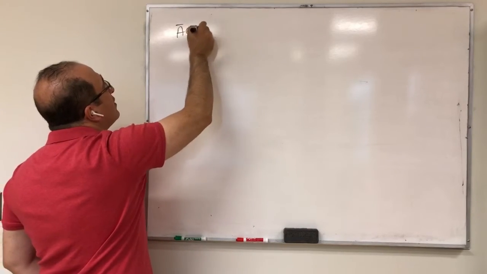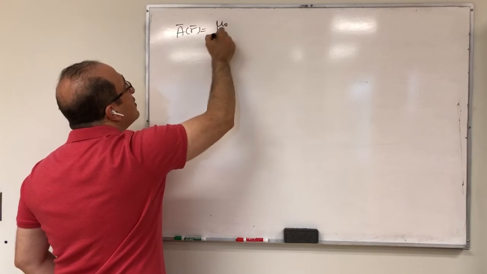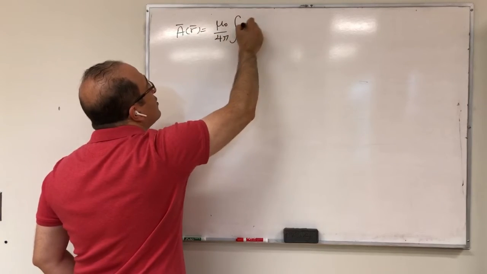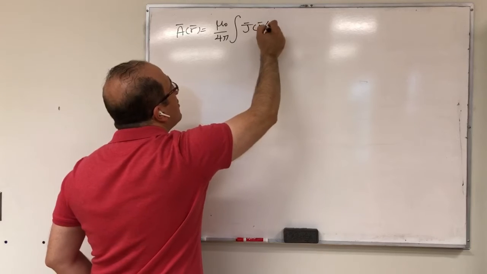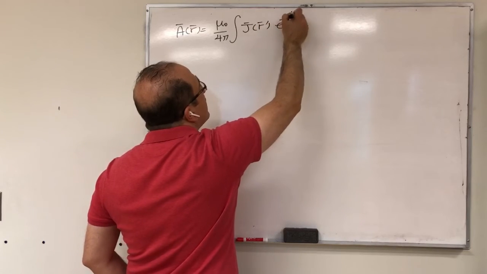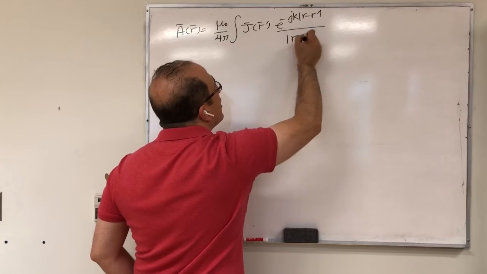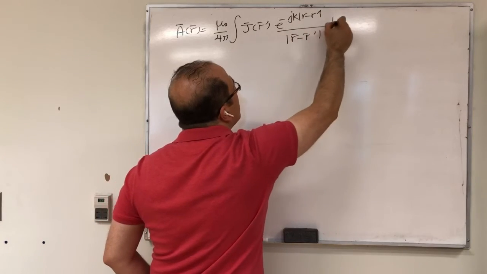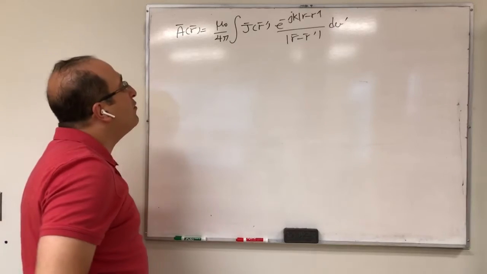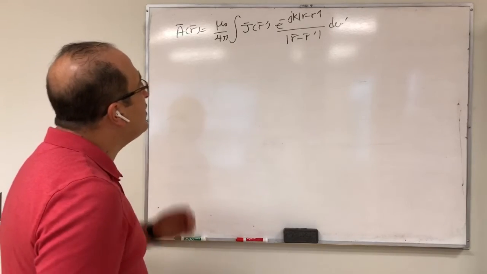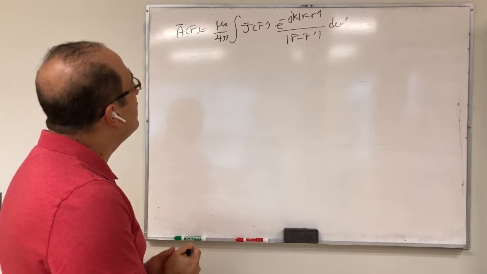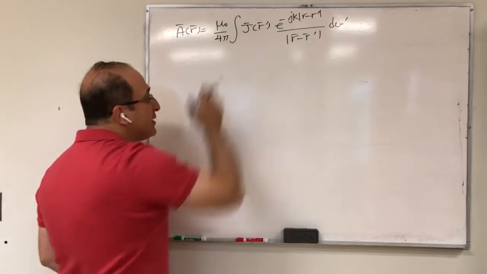A is mu naught over 4 pi times the integral of J(r prime) e to the power of minus jk |r minus r prime| over |r minus r prime| dv prime.